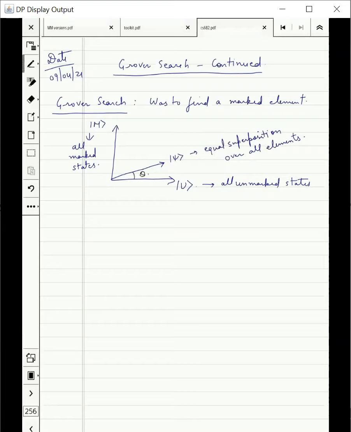Let's say the angle was theta. Let's say the number of marked elements is M. Total elements is N. Can you tell me what was the value of theta?